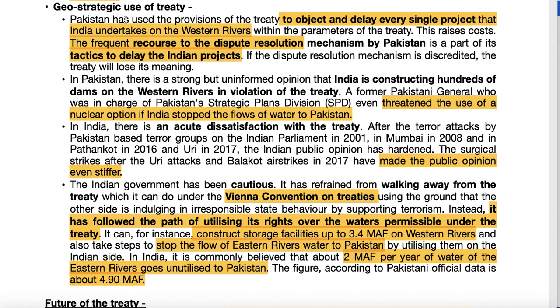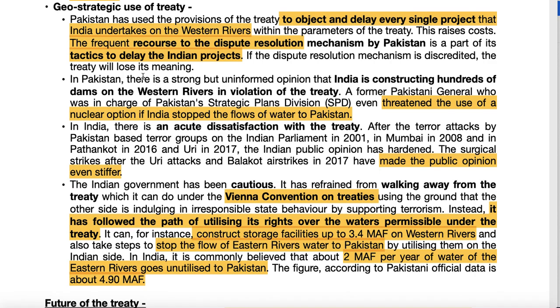So, Pakistan is using this for its geostrategic purpose, for thwarting any economic progress in Jammu and Kashmir. Pakistan is not willing to facilitate any development in the Union Territory of Jammu and Kashmir, and that's why it uses the provisions of the Indus Water Treaty to thwart any development projects in the Union Territory, which India is well within its right to pursue.